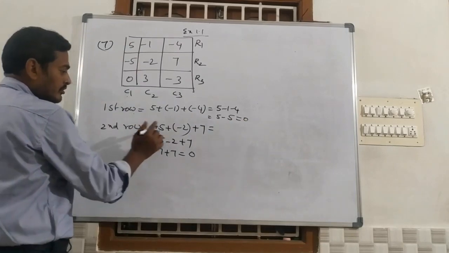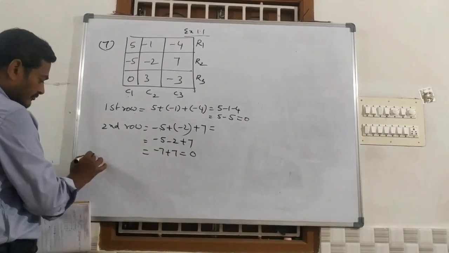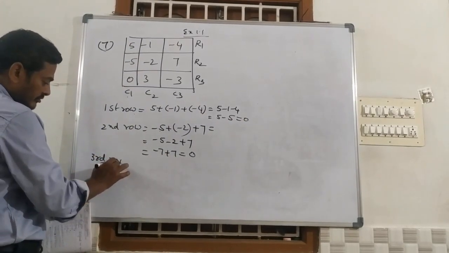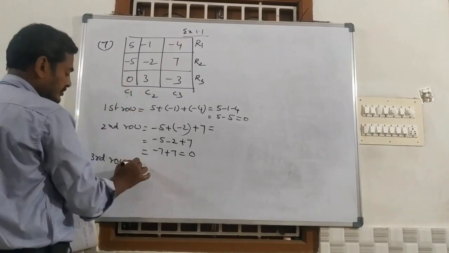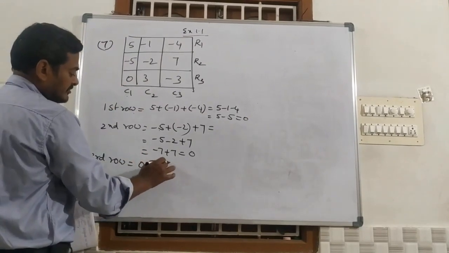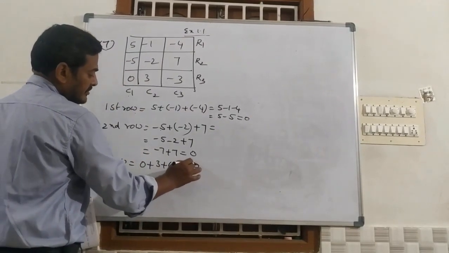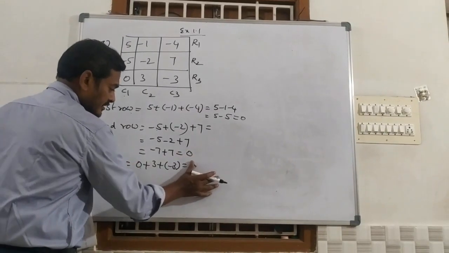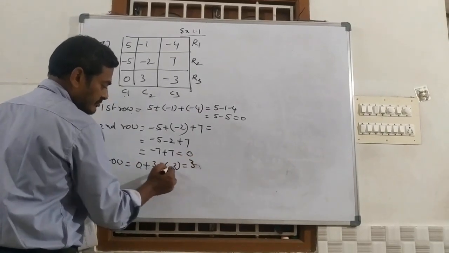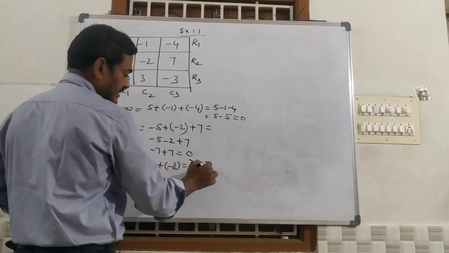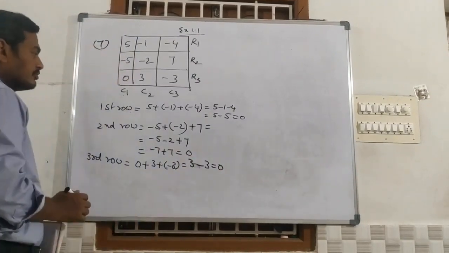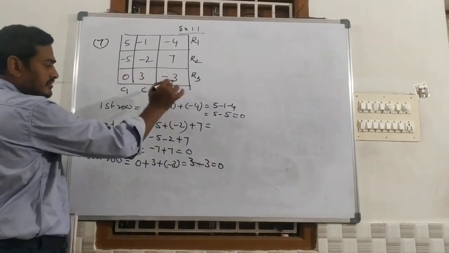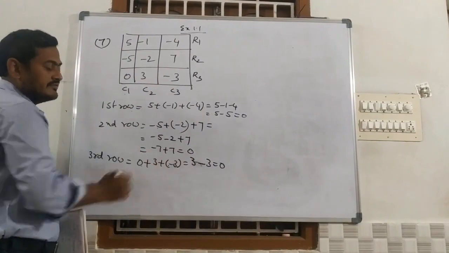For the third row: 0 plus 3 plus minus 3, that is 3 minus 3, which is 0. That means the sum of every row is 0.